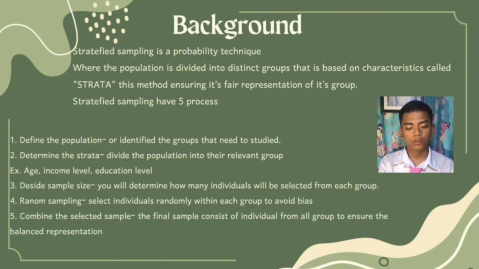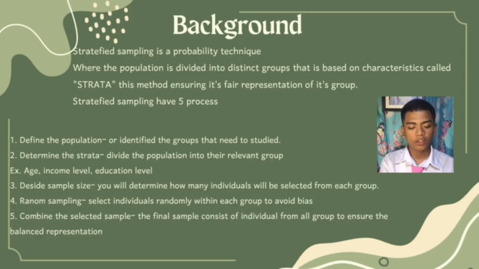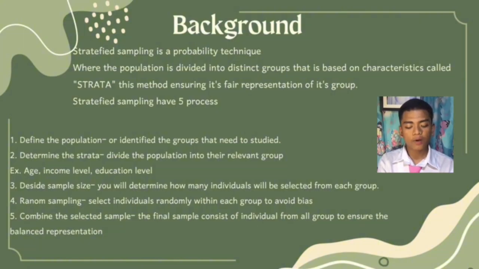Define the population or identify the groups that need to be studied. 2. Determine the strata. Divide the population into their relevant groups. Example: age, income level, education level.